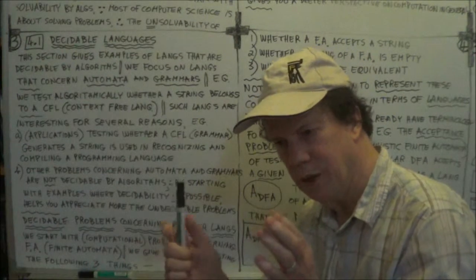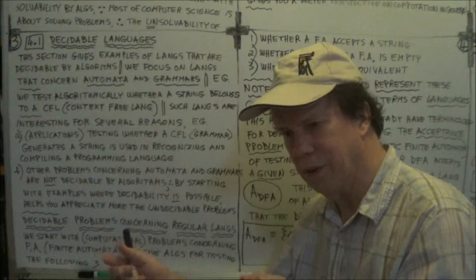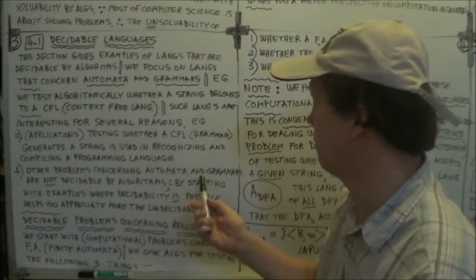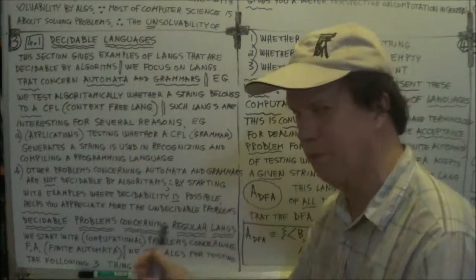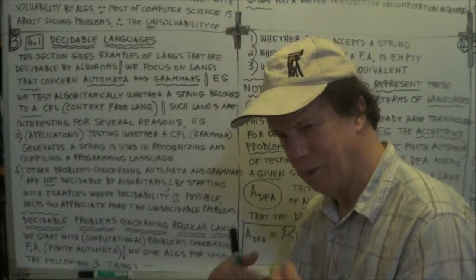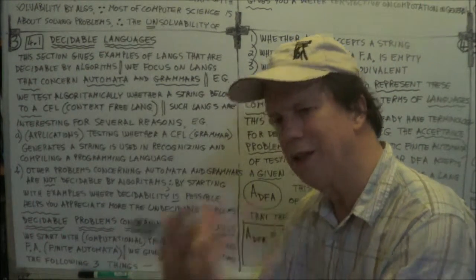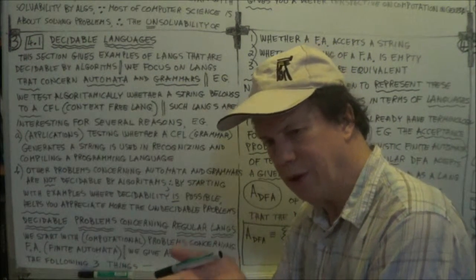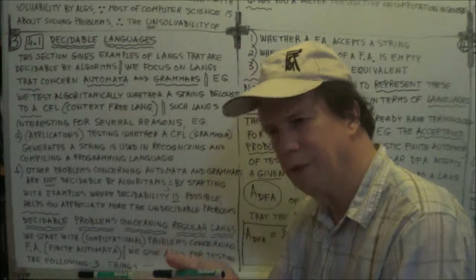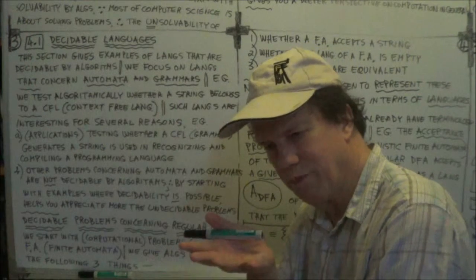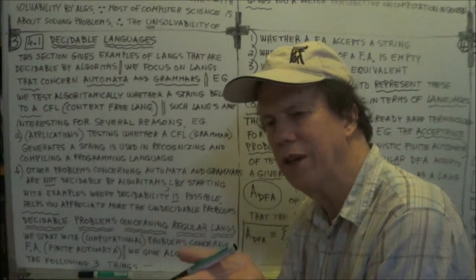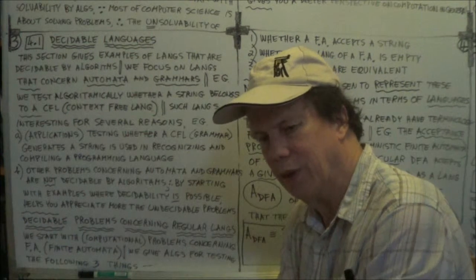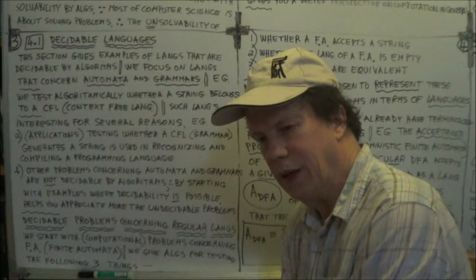So by doing that, we can translate a computational problem, an automata type problem, a grammar type problem, whatever, into a string. I'm getting a bit more concrete now. We transform the problem into a string, and then we ask whether the string belongs to a particular language.